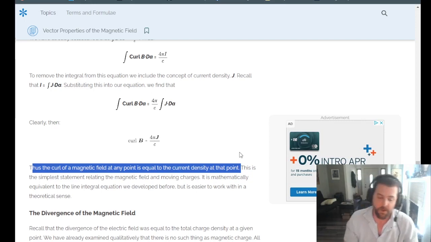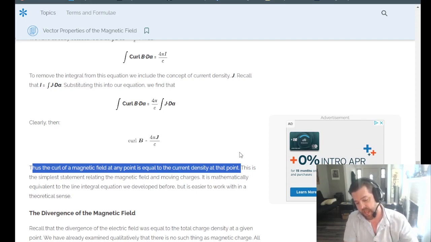Okay? So all you really need to know is the simplest way to think of it is: an electric field without curl is just an electric field. An electric field with curl is a magnetic field, which by definition is also an electric field that's moving.